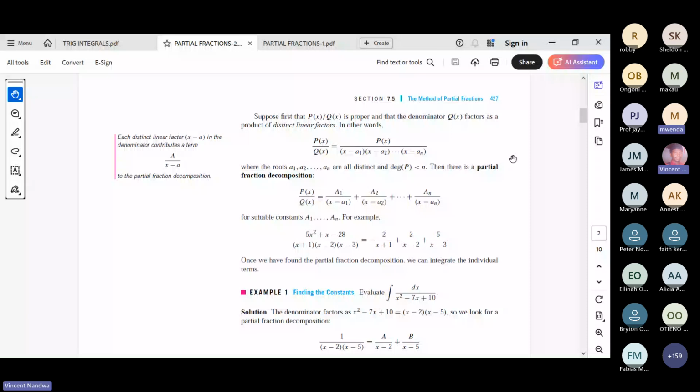So the left-hand side, when you replace x with 3, will be 20.